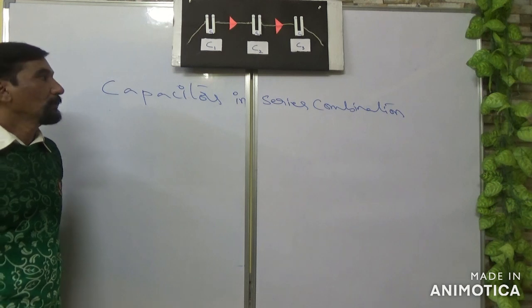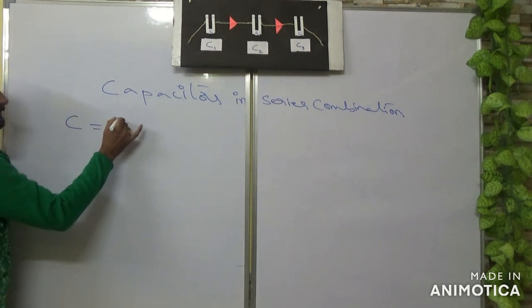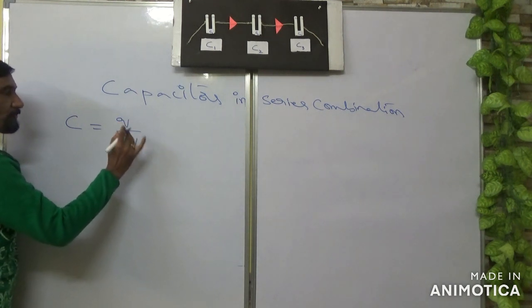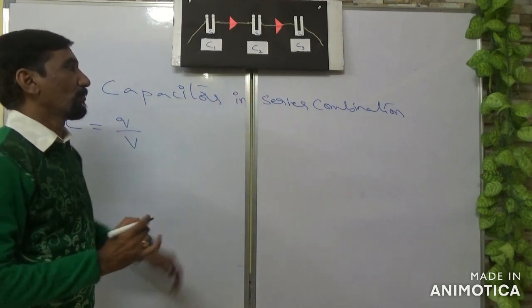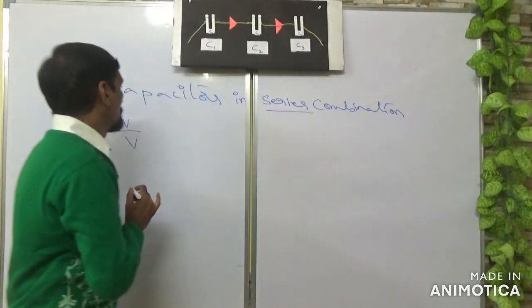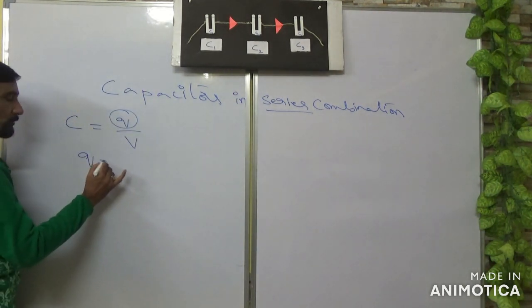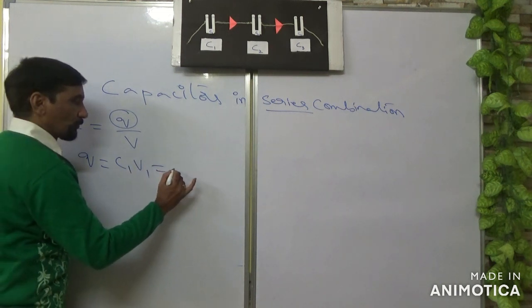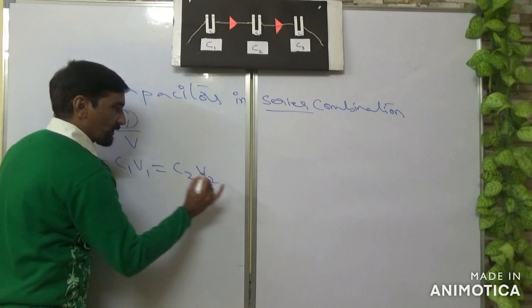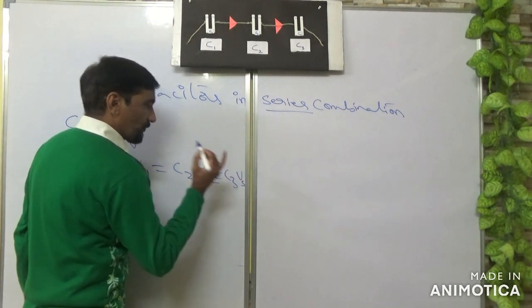You know the formula for C: the ratio of charge given to potential rise gives C. In series combination the charge remains the same. That means Q equals C1 V1, which is also equal to C2 V2, which is equal to C3 V3.